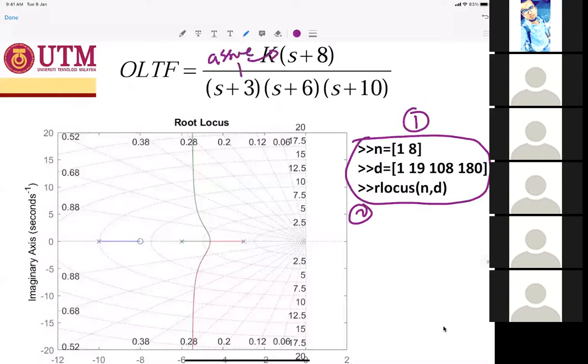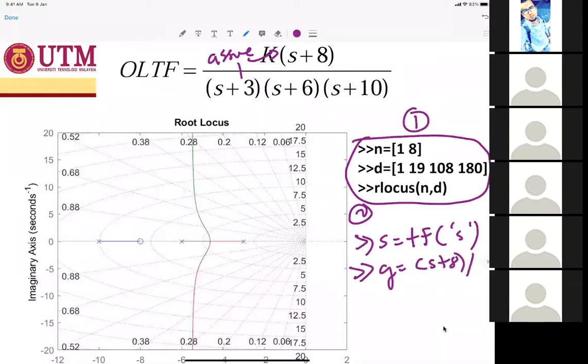S equals to tf of s. G equals to s plus 8 divided by s plus 3 multiply s plus 6 multiply s plus 10.